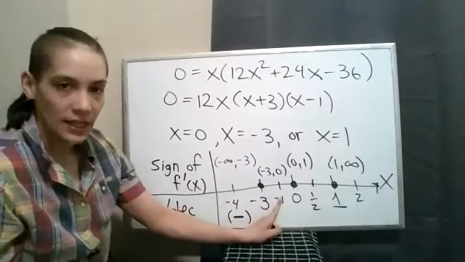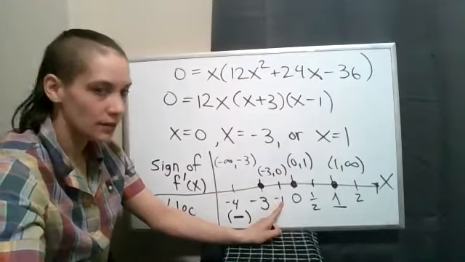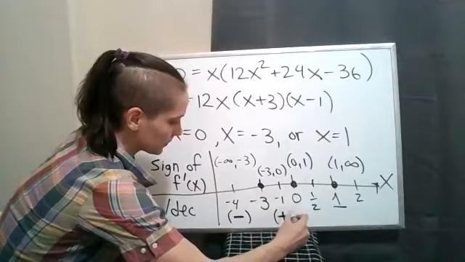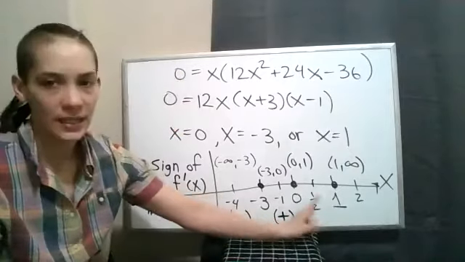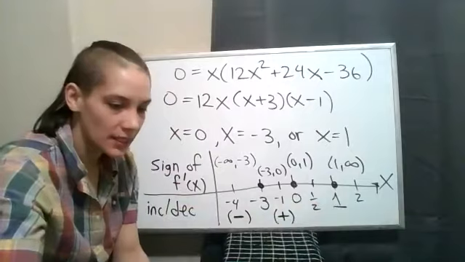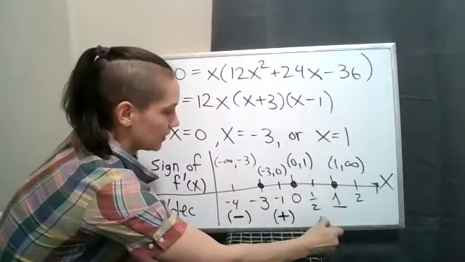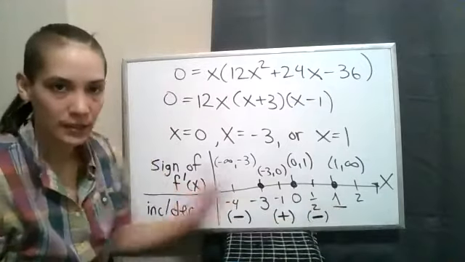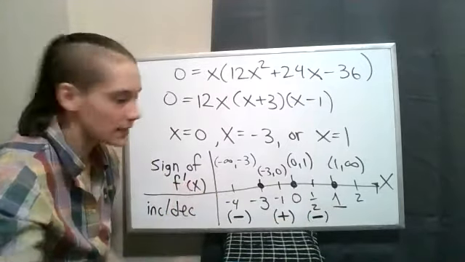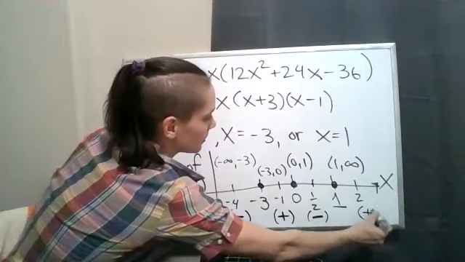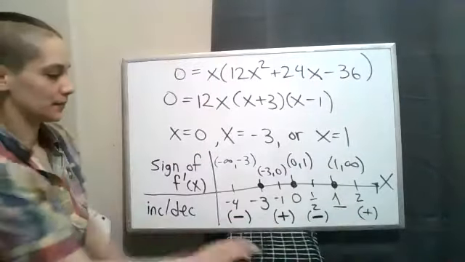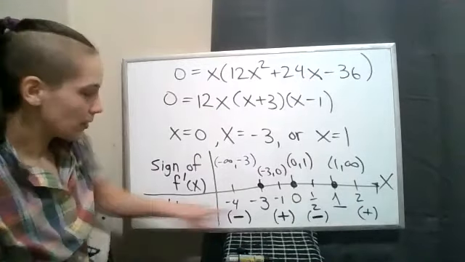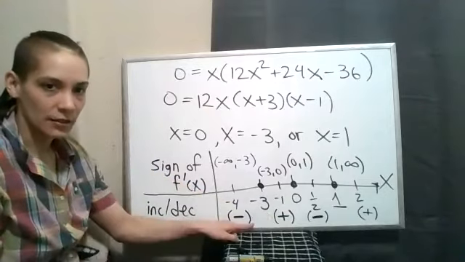Okay, here I put in negative 1 and I got out some positive number. Between 0 and 1, I picked 1/2, and that gave me a negative number. And then I put in 2 to f prime of x, got out some positive number. Okay, positive goes with increasing, negative goes with decreasing.